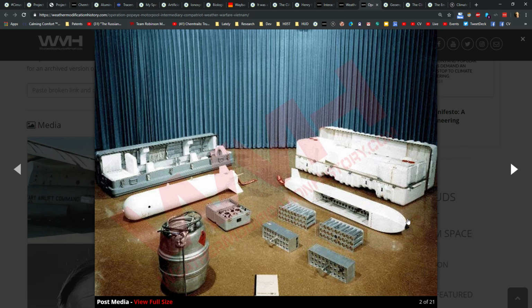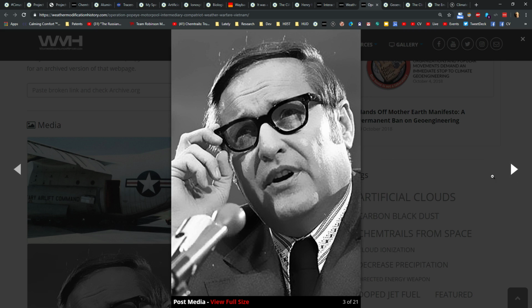These are the weather modification bombs made from China Lake Naval Warfare Center in China Lake, California. These are the weapons that were used for the weather warfare in Vietnam. This is Jack Anderson, Jack the Man Anderson, who was the reporter that saw the note on Lyndon Johnson's desk that brought about public awareness of the weather warfare activity in Vietnam.